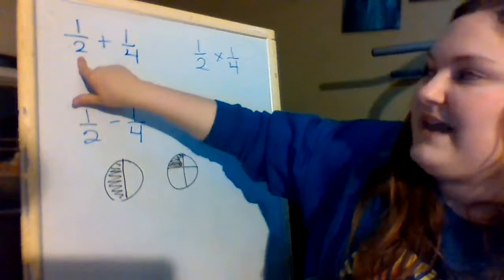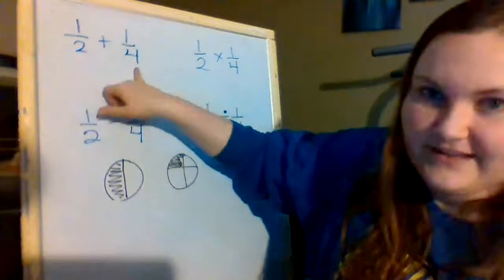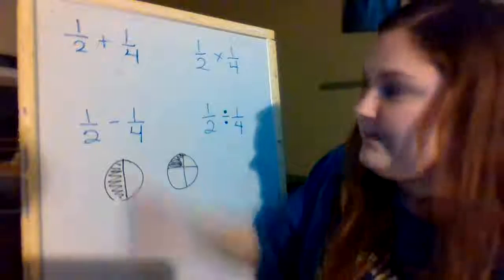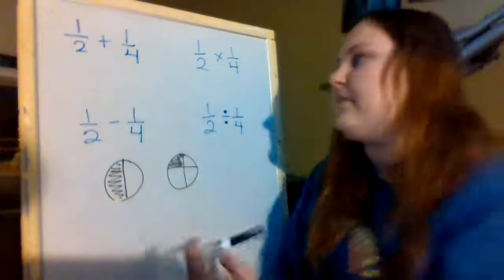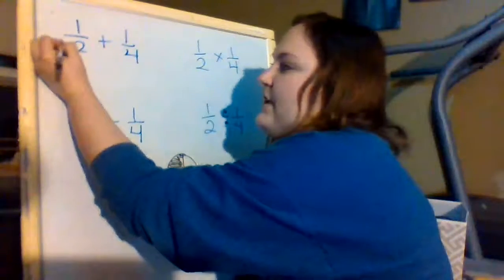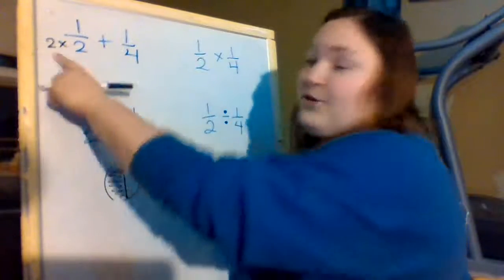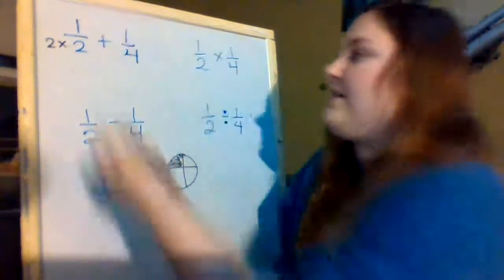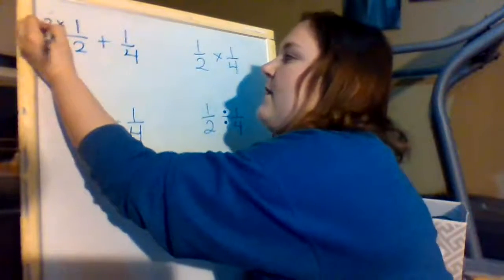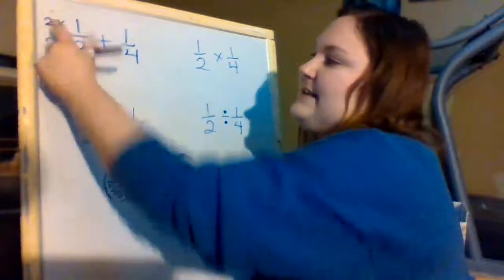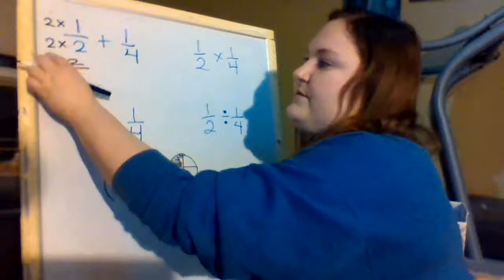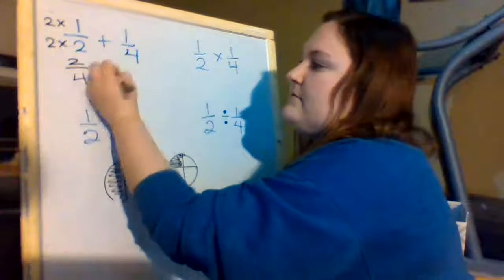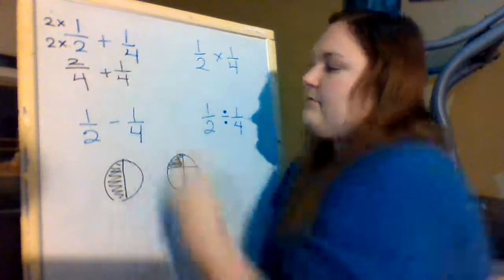We could change this fraction to look like this other one by multiplying it by 2, because 2 times 2 is 4. When you do that, you're not just multiplying your denominator, you're also multiplying the top number, which we call your numerator. So 1 times 2 gives you 2, 2 times 2 gives you 4, and now our denominators are the same.